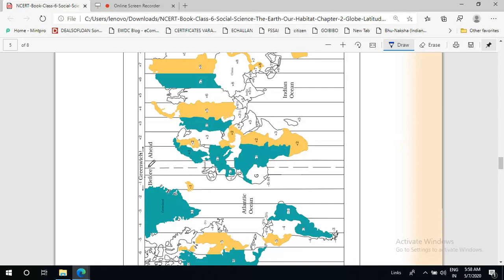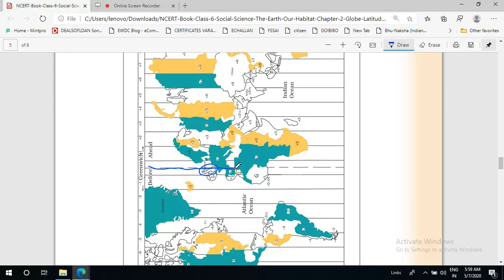This is the longitude which is called the prime meridian, and this longitude is passing through Britain. This is Britain. Some part of Ireland is also in Britain. So this 0 degree longitude is passing through Britain.